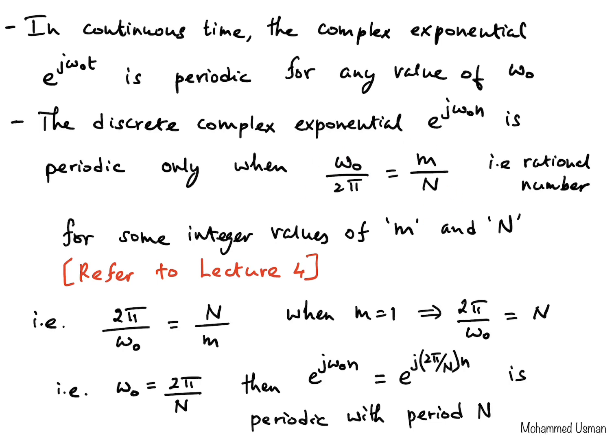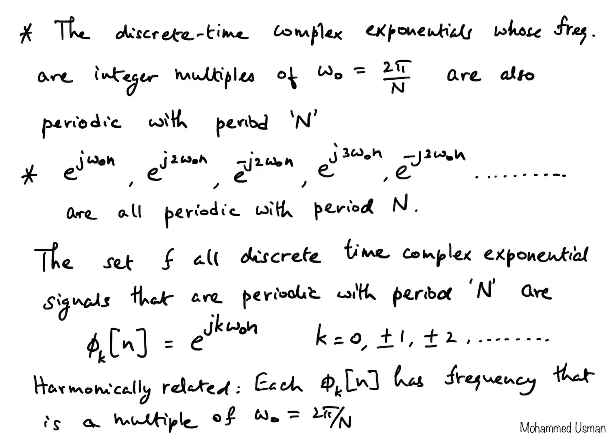in order for the discrete complex exponential to be periodic. The second important property is that if a discrete complex exponential is periodic with some period, then all other discrete complex exponentials whose frequencies are integer multiples of that omega naught also have the same period N. So if e power j omega naught n is periodic with period N, so is e power j 2 omega naught n. 2 omega naught has a frequency which is 2 times omega naught. 3 omega naught has a frequency which is 3 times omega naught.